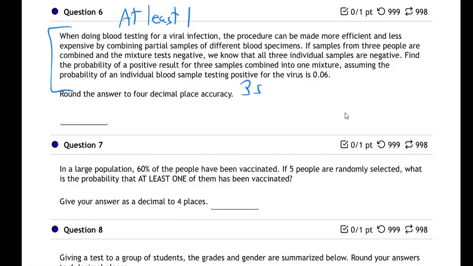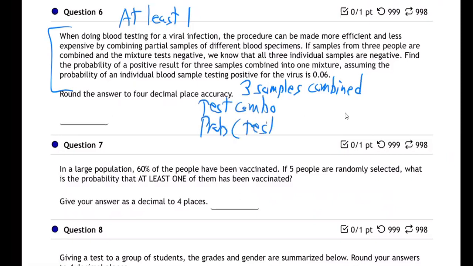We have 3 samples combined. Test the combo. What's the probability the test is positive? That's what they're asking, right, if you just summarize what they're saying.